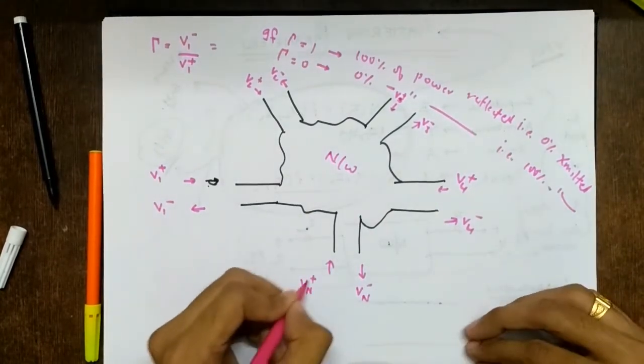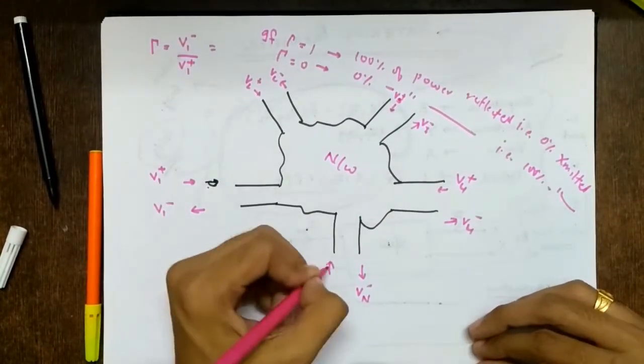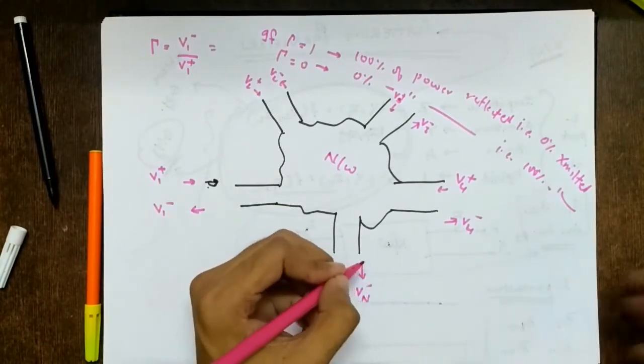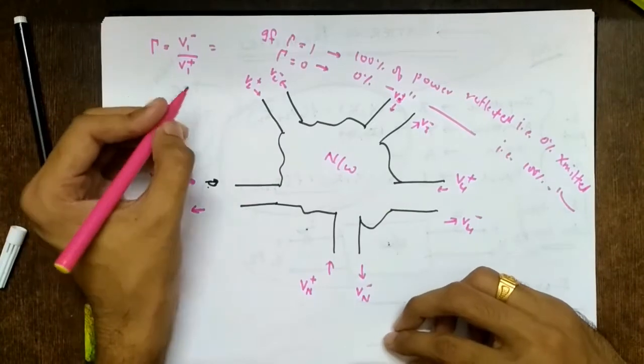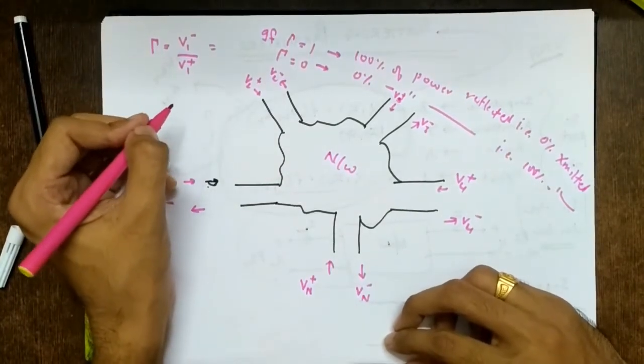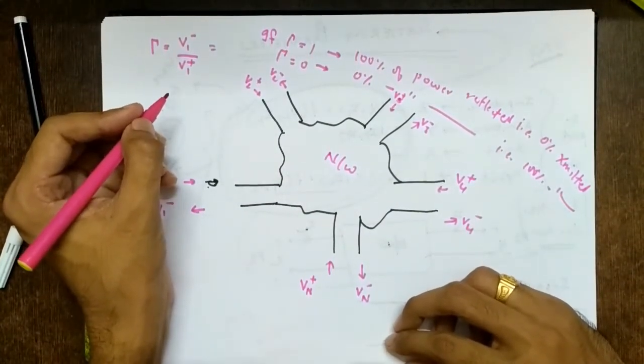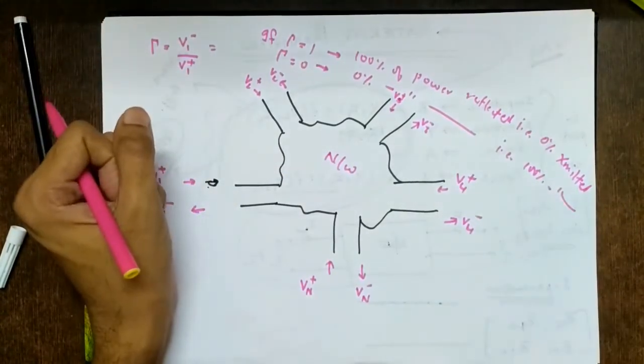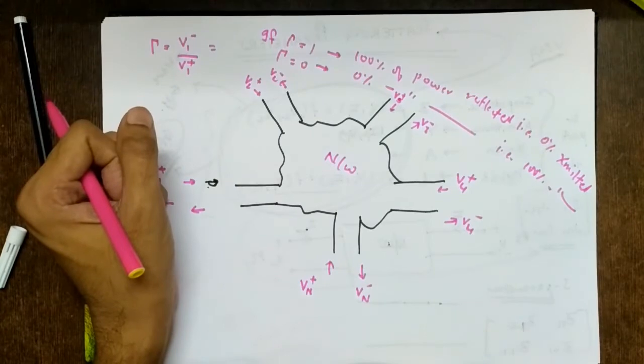Vn plus is the amplitude of the incident voltage wave. Vn minus is the amplitude of the reflected voltage wave. Remember I said wave. We are talking about microwave frequencies, so we don't have voltages and currents to be precise. We have voltage waves. We call them the incident voltage wave and the reflected voltage wave. So we have an electromagnetic wave.